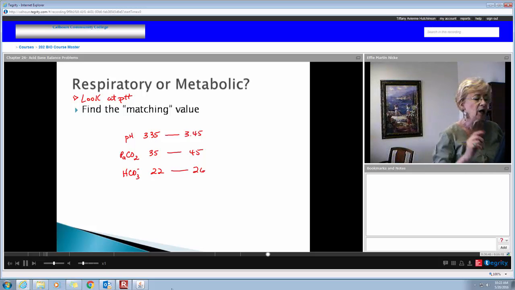But I suggest that you write this every time you do a problem. So what I want to remind you of is that let's first write which way, whether we're going into acidosis or alkalosis, depending upon each of these values. So what did we say?